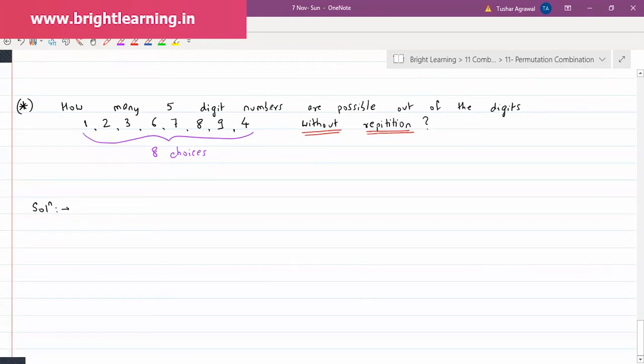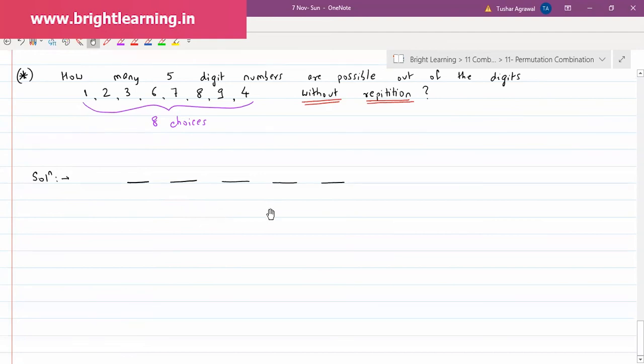So 5-digit numbers are there. 1, 2, 3, 4, 5. First position, second position, third position, fourth position, fifth position. And what he's telling, without repetition is asking. At the first position, what are the possible digits?